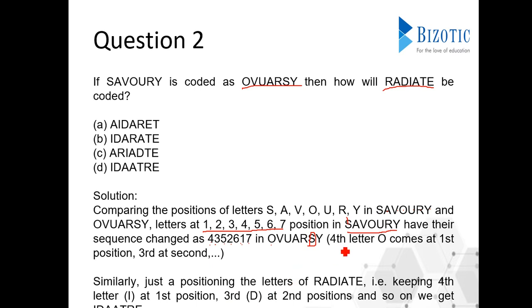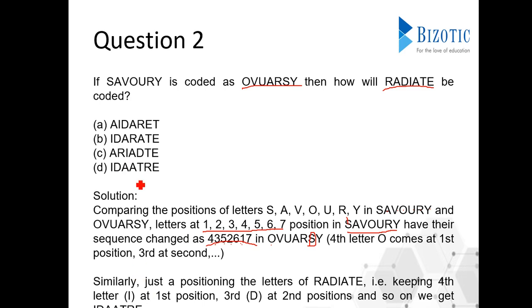So we have to do the same thing with the word radiate to get the proper answer. Just position the letters of radiate, take out the same numbers, and see what word we finally get. So radiate: 1, 2, 3, 4, 5, 6, 7, and now in the same order, 4, 3, 5, 2, 6, 1, 7. The fourth position will go for the letter I. So that's why we have I here.